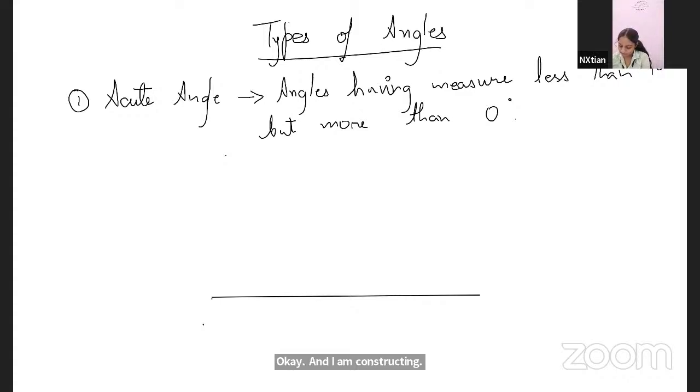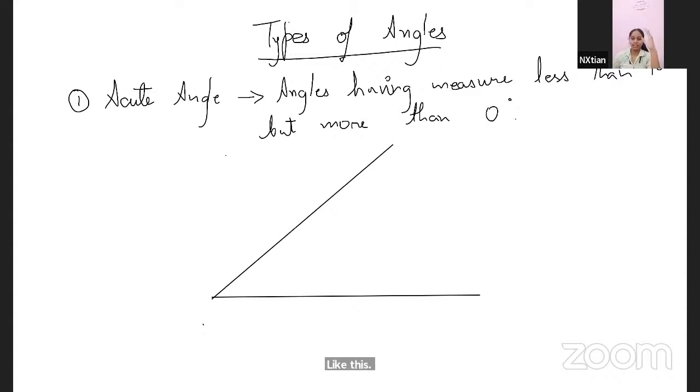So it will be like this. 90 is a straight line, and an acute angle will always fall below 90. Anywhere from 0 to below 90 will be an acute angle.